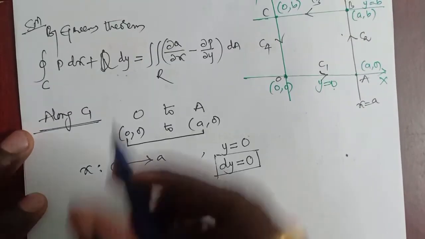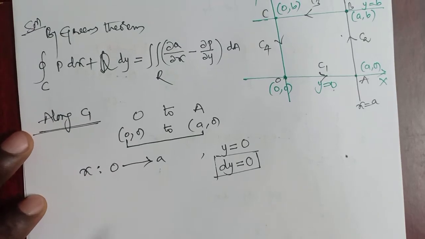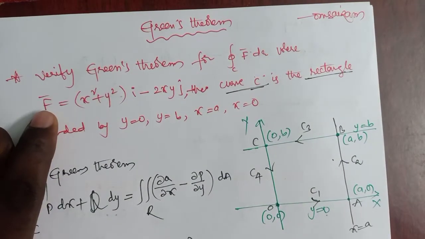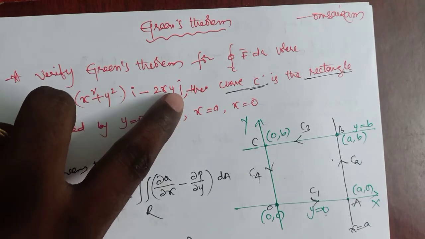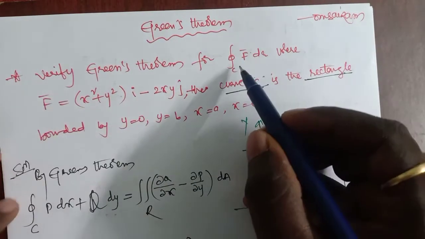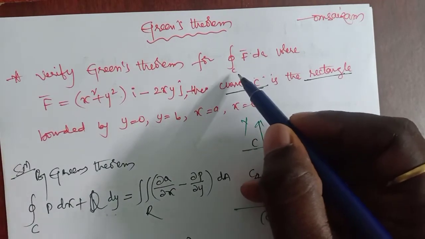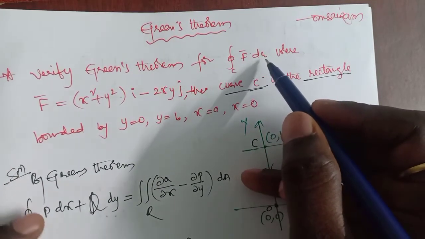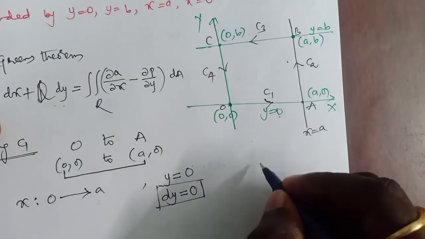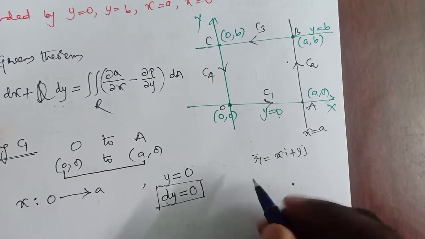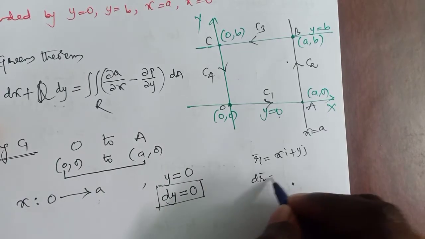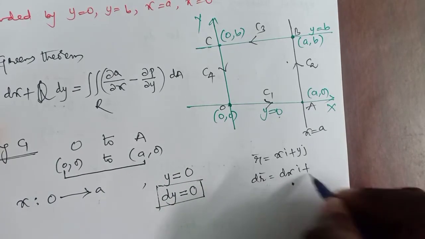Now from the given problem, we have F bar equal to (x square plus y square) i minus 2xy j. We need to evaluate the line integral along the curve of F bar dot dr bar. We know r bar is x i plus y j, then dr bar is dx i plus dy j.